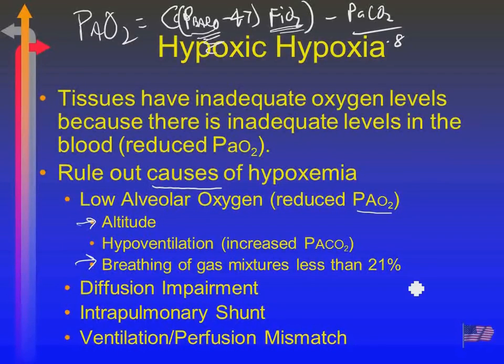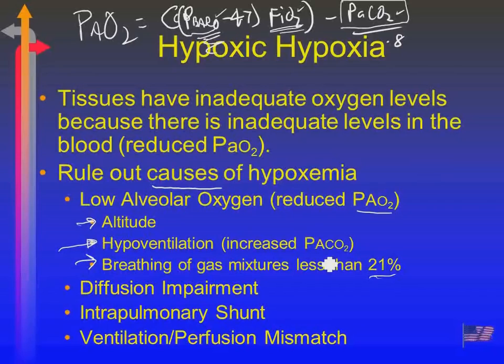But normally we don't breathe gases less than 21%, but there are instances where we do. And then the third factor involved: we've got the barometric pressure, the FiO2, and the PaCO2. Hypoventilation is a cause because we drive up the alveolar level, so we can't have as much oxygen, P capital AO2, as well as P small aO2.